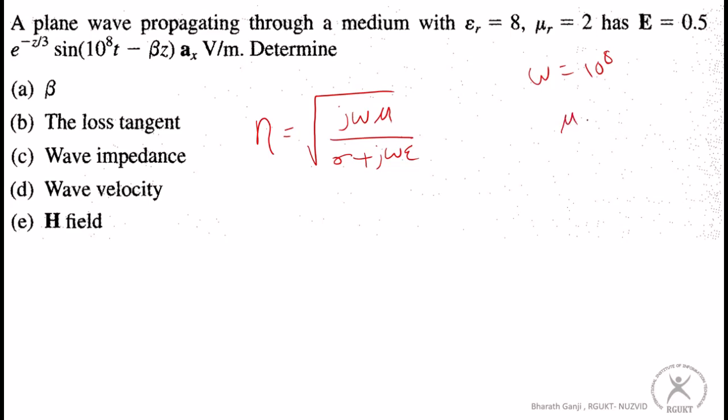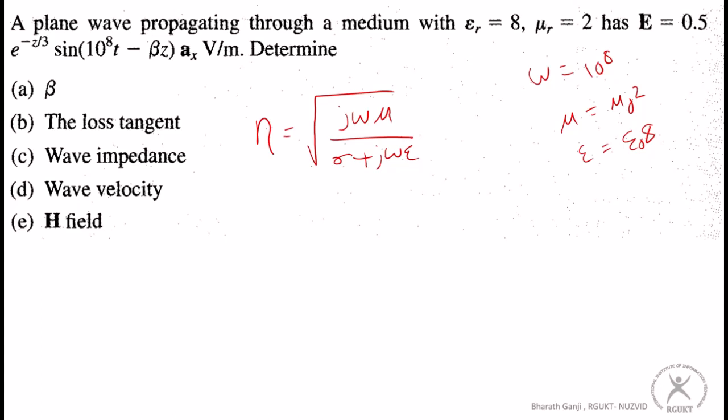Mu is mu naught into 2, and epsilon is equal to epsilon naught into 8, and sigma is given here.